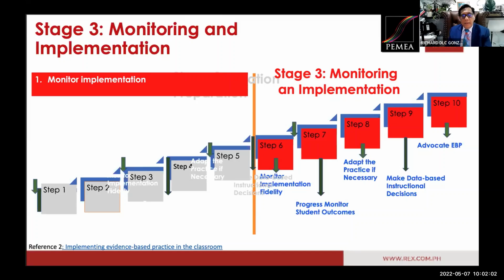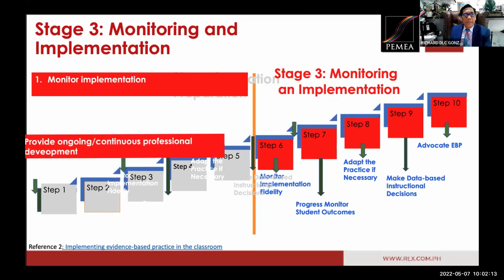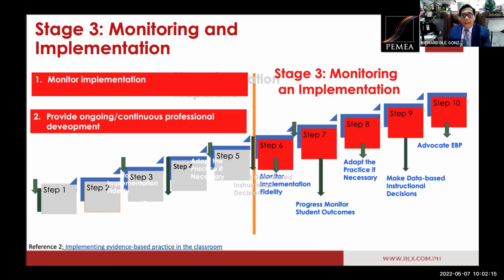Second, you provide continuous and ongoing professional development. And this is one of the identified reasons why a lot of EBPs are not successful, because they thought that the moment they launch an EBP, teachers already know what to do. They know what to do.